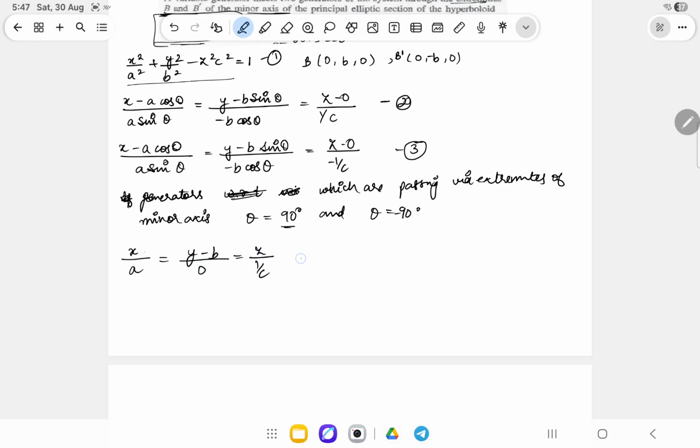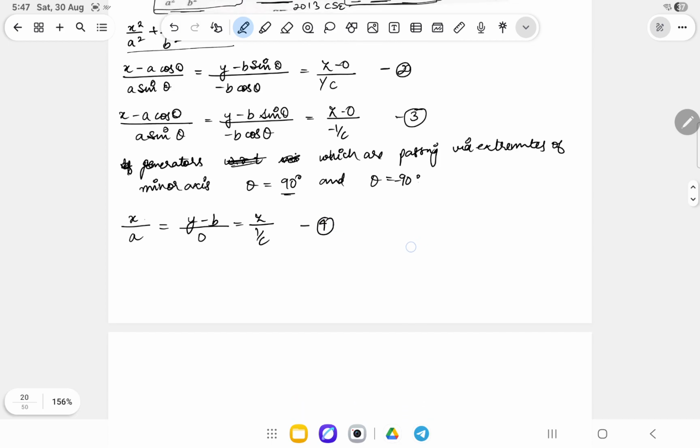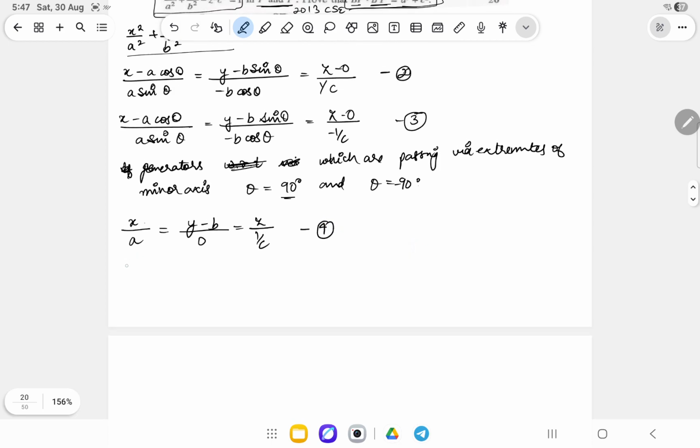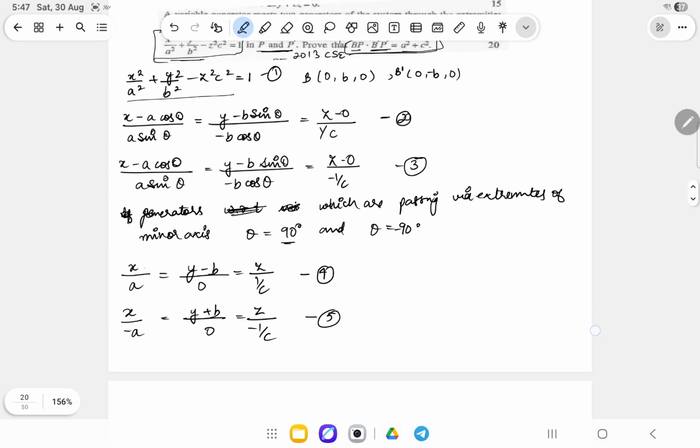Let's name this equation as 4, and likewise the equation of the other would be x by minus a is equal to (y plus b) by 0 is equal to z by minus 1 by c. Let's name this equation as 5. So the question says that P is basically the intersection point of these generators.